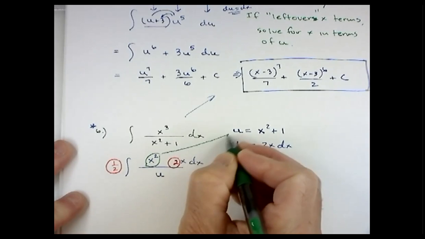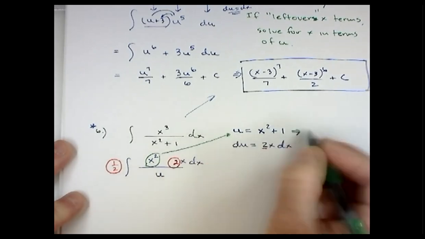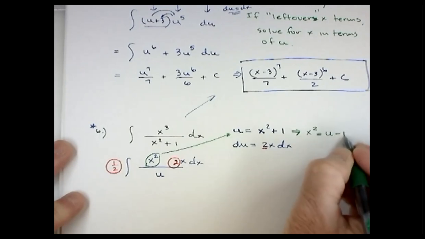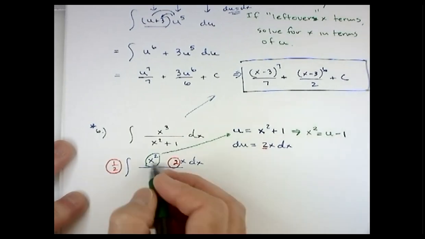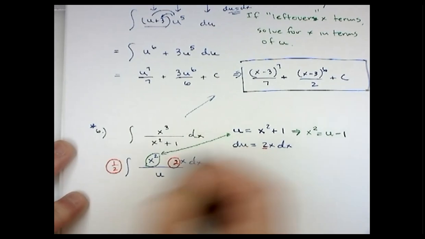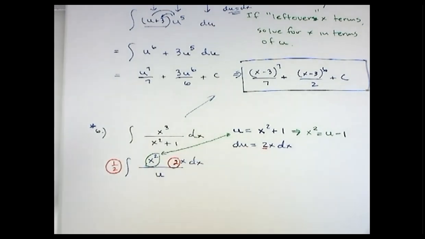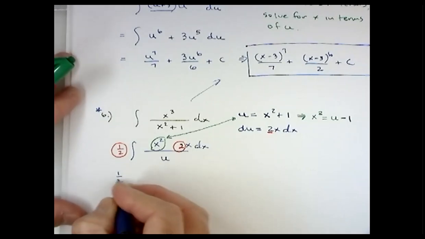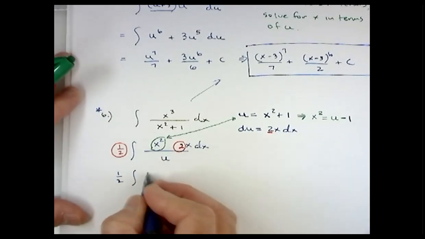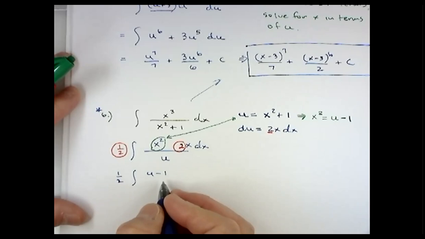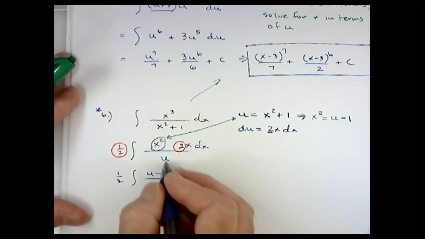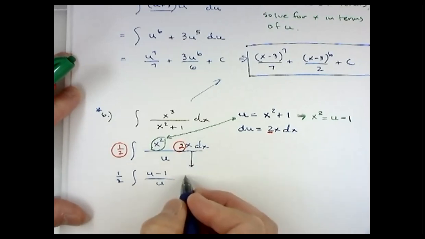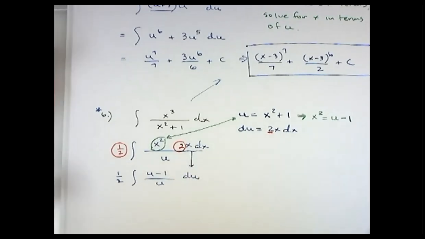So if I go back here, what does x squared equal? u minus 1, right? So this could be replaced. Let's take the next line here. That gets replaced with u minus 1, and the 2x dx becomes my du.